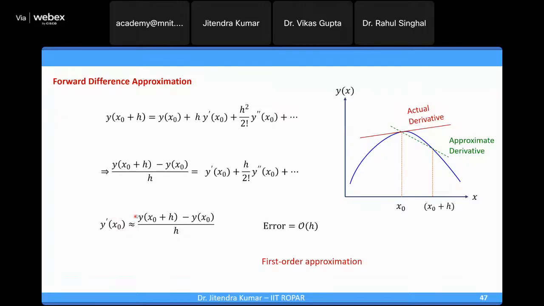The derivative, which is exactly this tangent, is approximated by the slope of this dotted green line, because it is f(x0 + h) minus f(x0), the difference, divided by h. So this is the slope of this line.